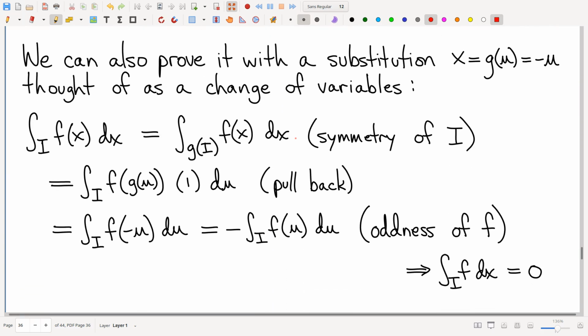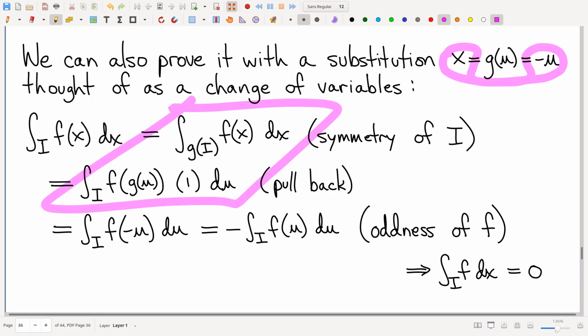Now here is a different point of view, and that is to do a substitution. And recall, substitutions are just a single variable version of change of variables. So when I say do this substitution, I'm going to phrase it from the point of view of change of variables as literally being a pullback. X is a function of u, and plugging in accordingly and adjusting the domain accordingly, that integral is equal to this integral.